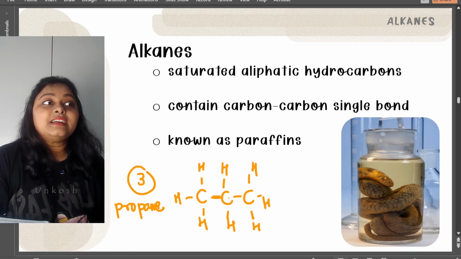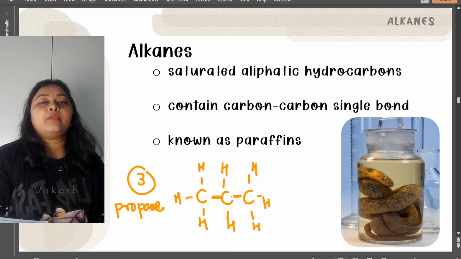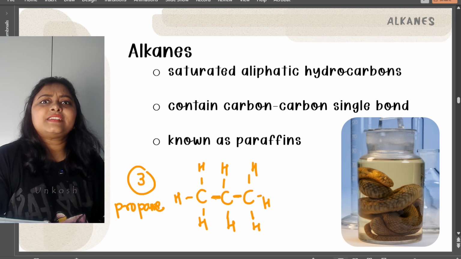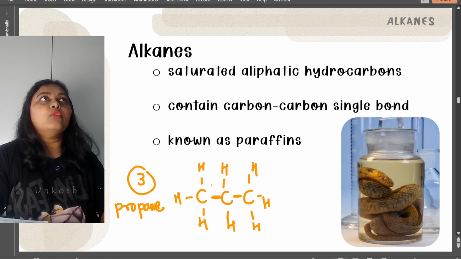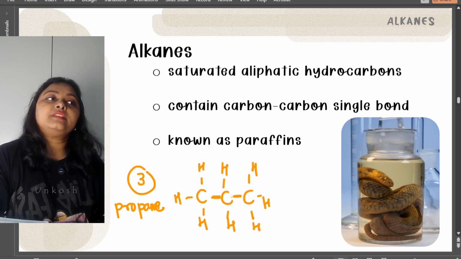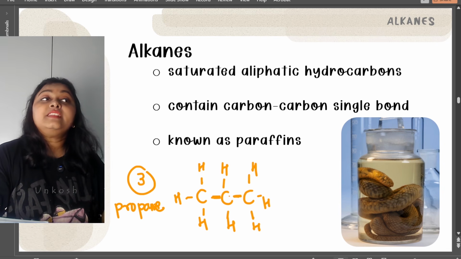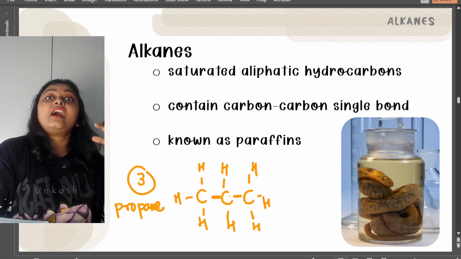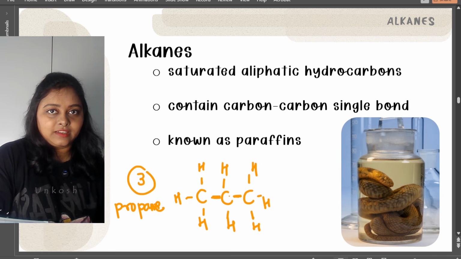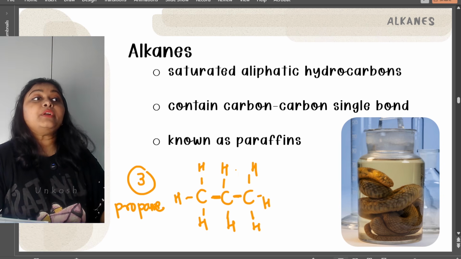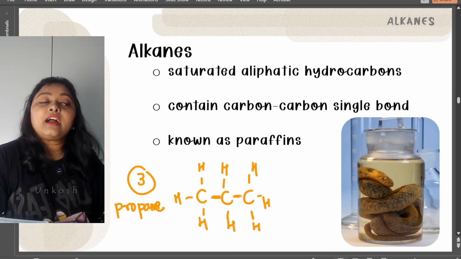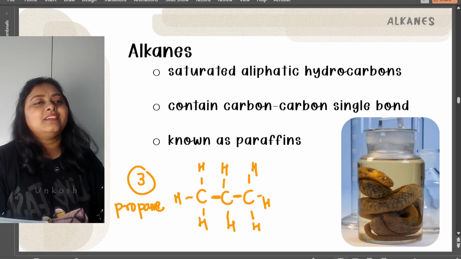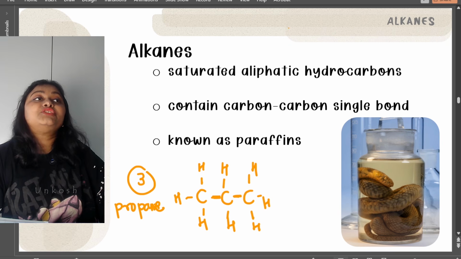Here we can see that a single bond is formed between 2 carbon atoms. Instead of this single bond, if there were more than one bond formed between the same carbon atoms, then they would have been called unsaturated aliphatic hydrocarbons. Here, because all the carbon carbon bonds are single, that's why they are saturated.